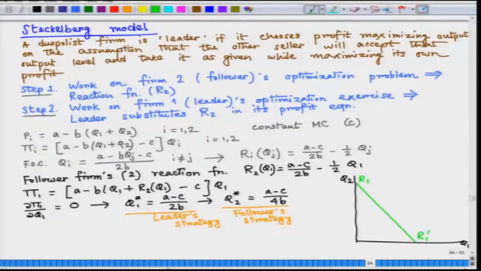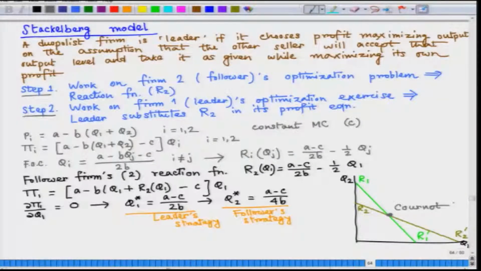Now, I am going to superimpose firm 2's reaction function on this. R2 prime is firm 2's reaction function. So, we all know that at the intersection of these two reaction functions we find our Cournot solution.